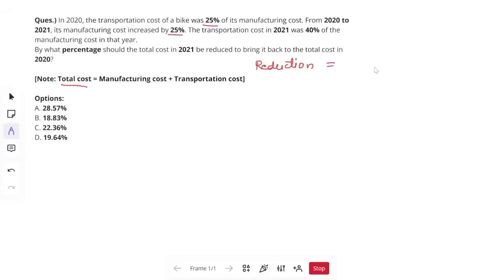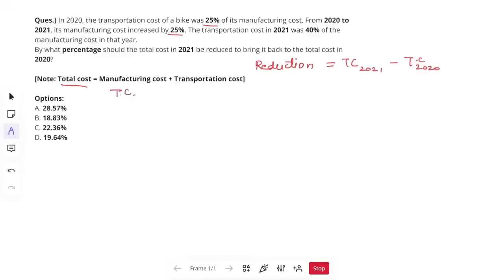Reduction can be done by total cost in 2021 minus total cost in 2020. If we do that, we get the reduction. Now in order to get the total cost in 2021 and 2020, we need to find some things. So let's start with the total cost in 2020.